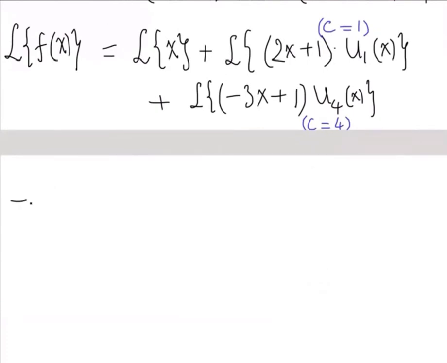Now we know that the Laplace transform of x is 1 over s squared. And then by the formula for the Laplace transform of the cutoff function, we have e to the minus cs. C is 1, so e to the minus s times the Laplace transform of the shift. The shift is that whenever we have x, we have to replace it by x plus c, which means x plus 1 here.